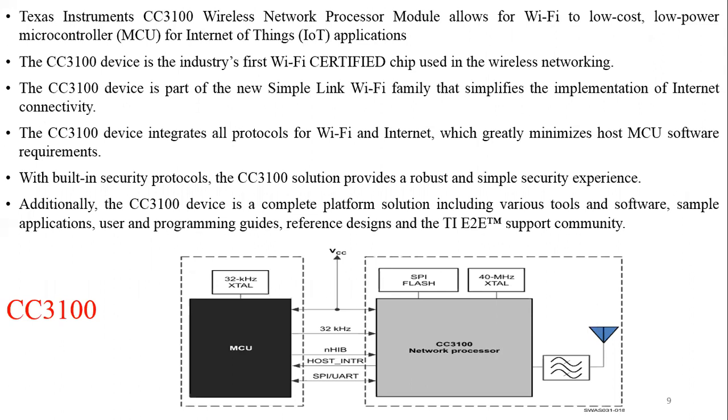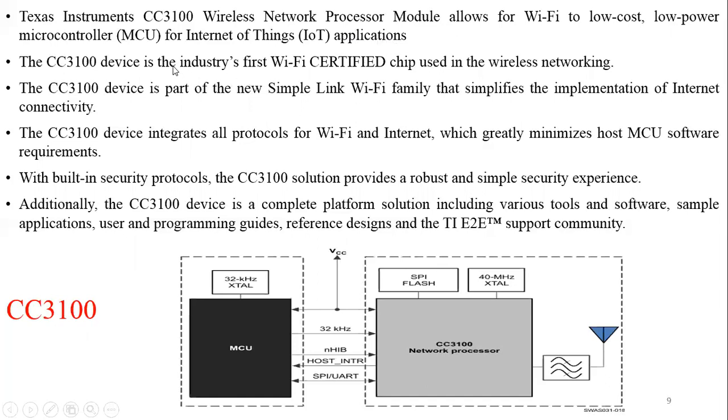Okay, so CC3100 is an internet, a Wi-Fi internet protocol module. It is developed by Texas Instruments, and is a wireless network processor module which allows Wi-Fi on low power, low cost microcontrollers for internet applications, internet of things applications, IoT applications.